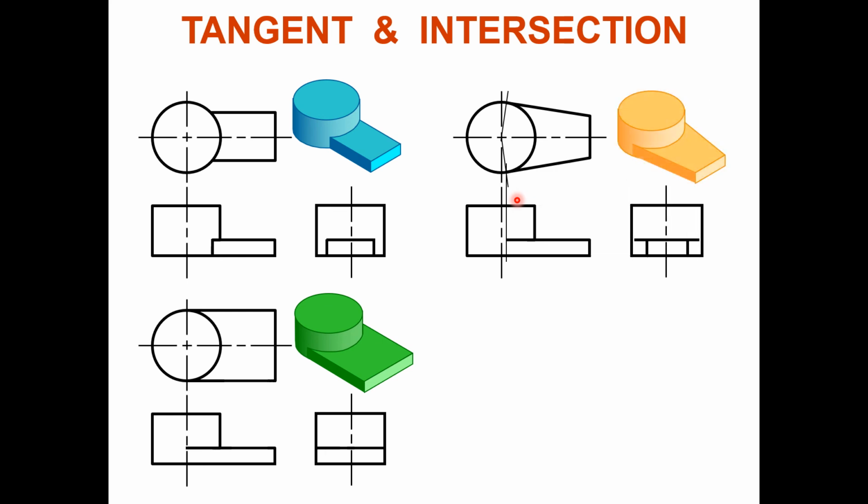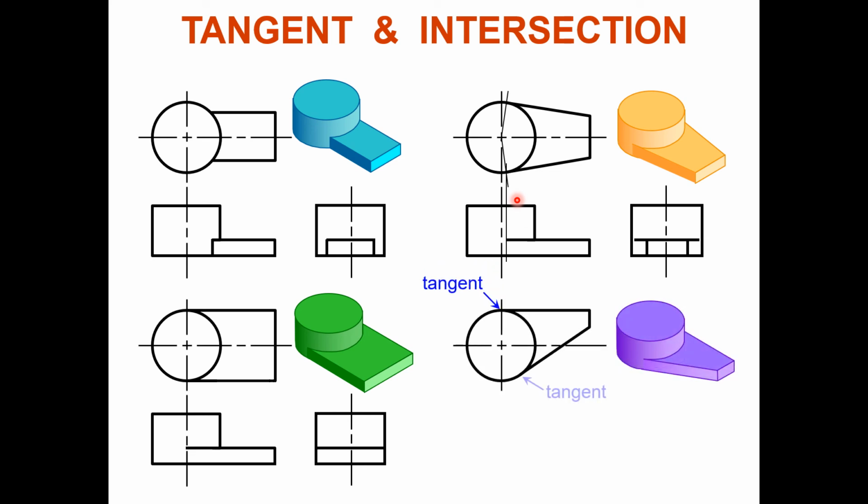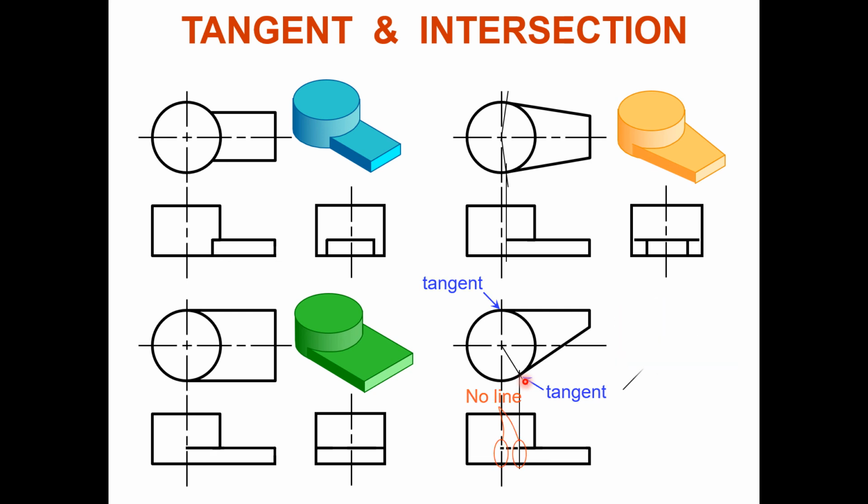For the circle, center line is drawn. Now here is also tangent, here is also tangent. Line will not be drawn. Why here is it drawn? Because two surfaces are meeting and intersecting. Here it is smoothly, due to tangency, entering the other body, so that's why it is not drawn.